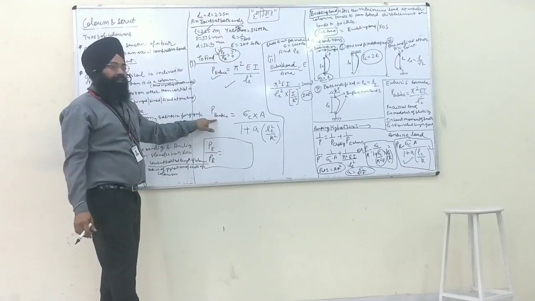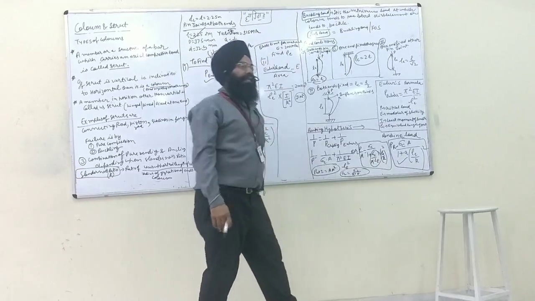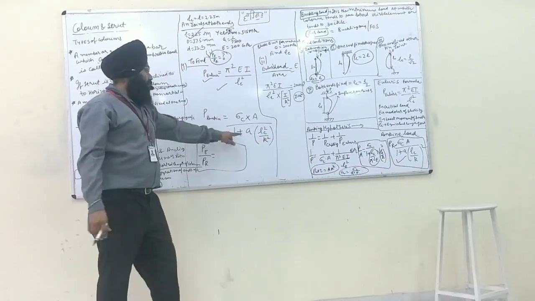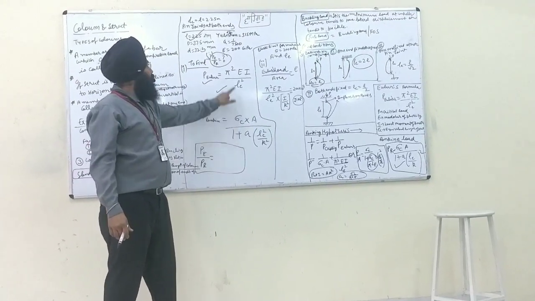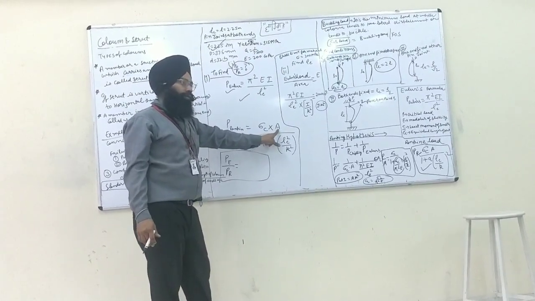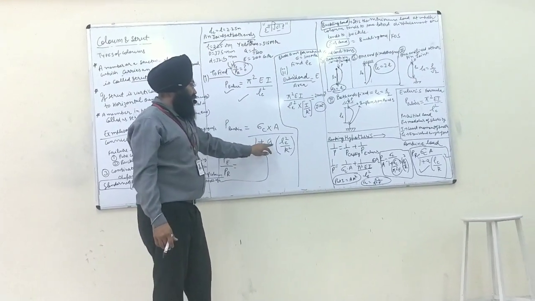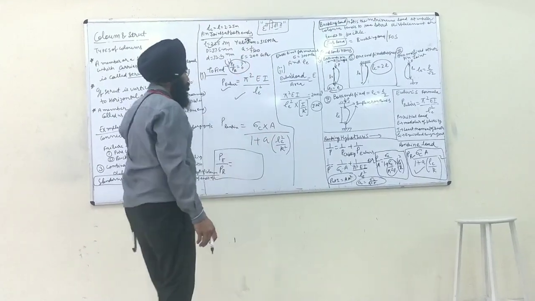P Rankine. What is P Rankine? You have just derived the formula for this. Stress C into A over 1 plus a times LE by K, whole square. We know stress C is given to you, 315 megapascal. Area you know, and a is given to you directly. LE by K square.